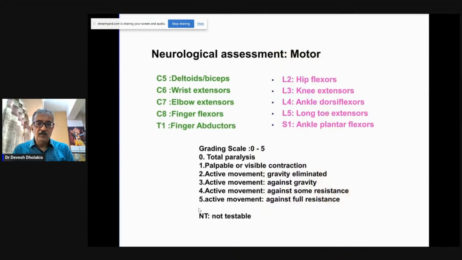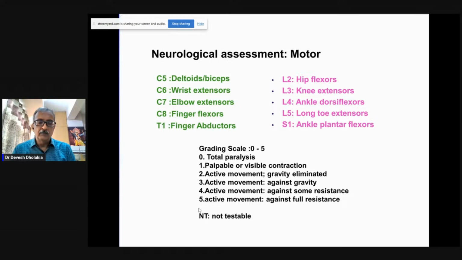For motor assessment, grade 5 is normal power, 0 is total paralysis, grade 4 is power with minimal resistance, grade 3 is only against gravity, grade 2 is with gravity eliminated, and grade 1 is visible contraction. So you have to check the myotomes.